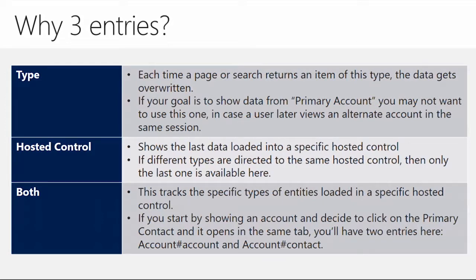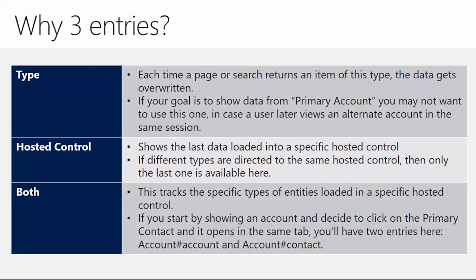And then the one with both, that has the hosted control and the type, is going to show you the last item of that specific entity type that was loaded into that hosted control. So for example, if I have an account hosted control and then I click on the primary contact, it's going to open that primary contact in that same hosted control.